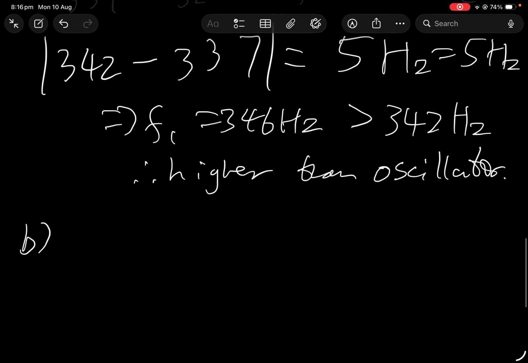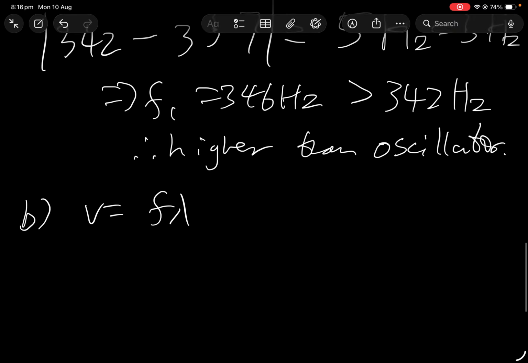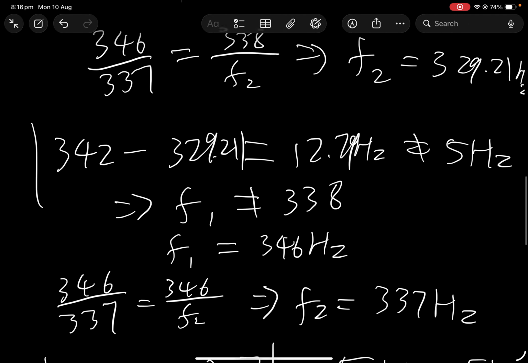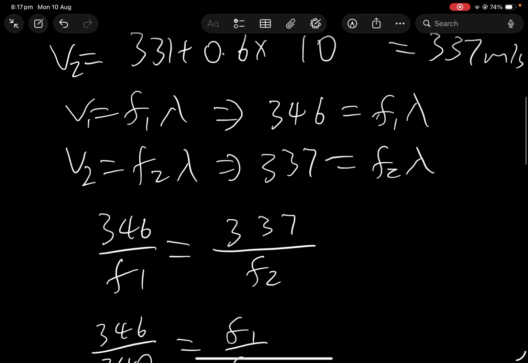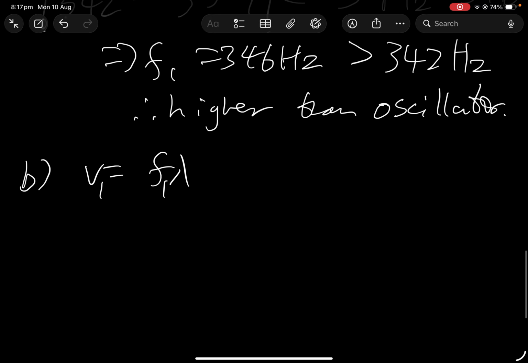So yeah, exact length of the flute. So that's just V equals F lambda. So V1 equals F1 lambda, 346 equals 346 lambda.